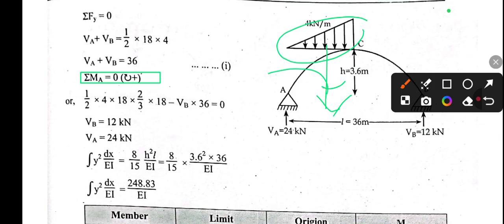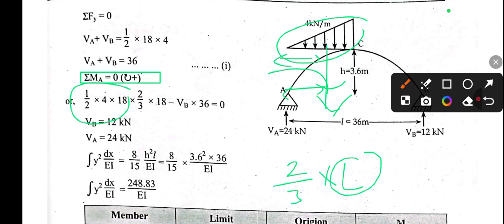So half of, 1 by 2, this 4 into 18, this is the load, and the distance from here to here will be 2 by 3 of this length, that is the value of L, which is 18. So 2 by 3 of this 18, force into distance, that is moment.